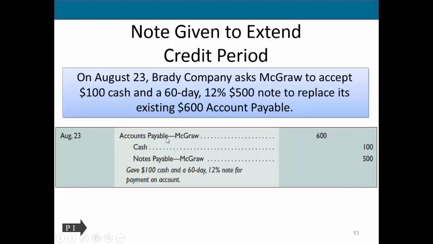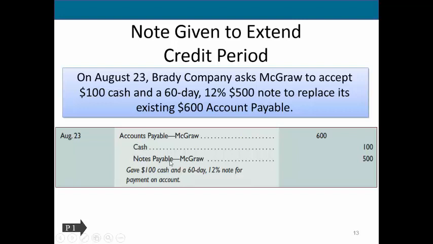First, we are going to say that we no longer have the account payable with this customer, so we need to fully write off this account payable liability. It doesn't mean that we are not going to pay them, but instead of classifying it as an account payable, it's going to be a note payable. So you can see here, we write off the account payable, you decrease a liability with a debit here, and then you can see what we gave them in exchange. We gave them $100 of cash, so we're crediting cash here, and now we have a note payable.